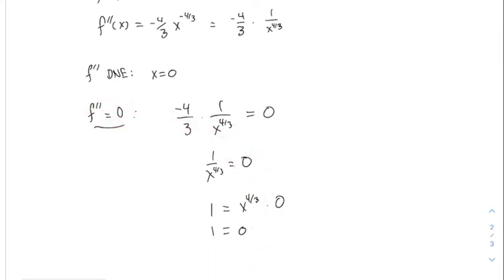So, no solutions. What that means is f double prime never equals 0, and so we don't get any extra numbers from that step. The only number we're going to put on our chart is x equals 0.